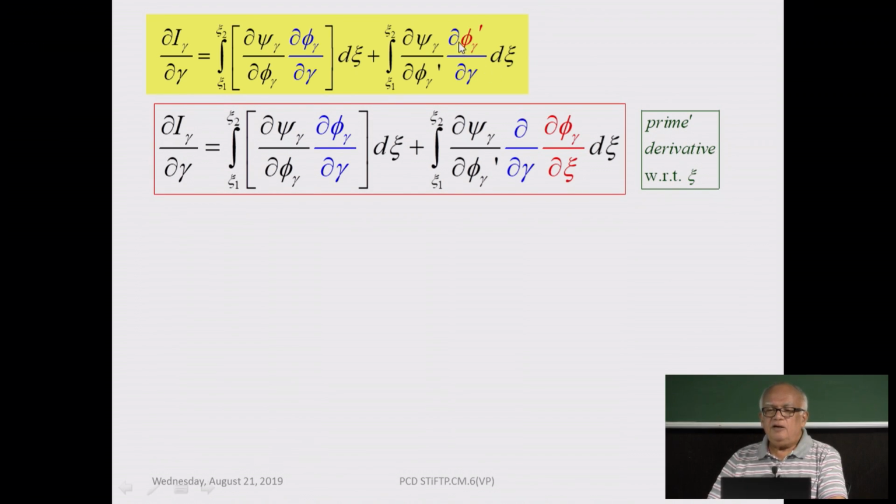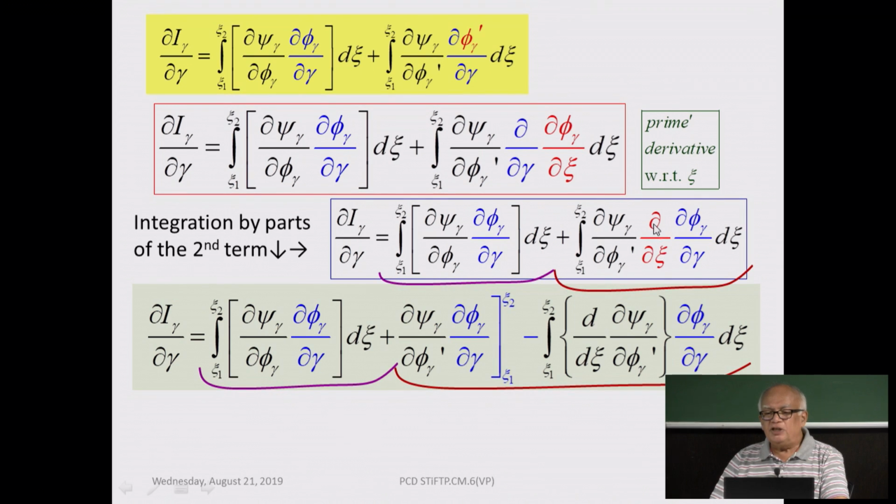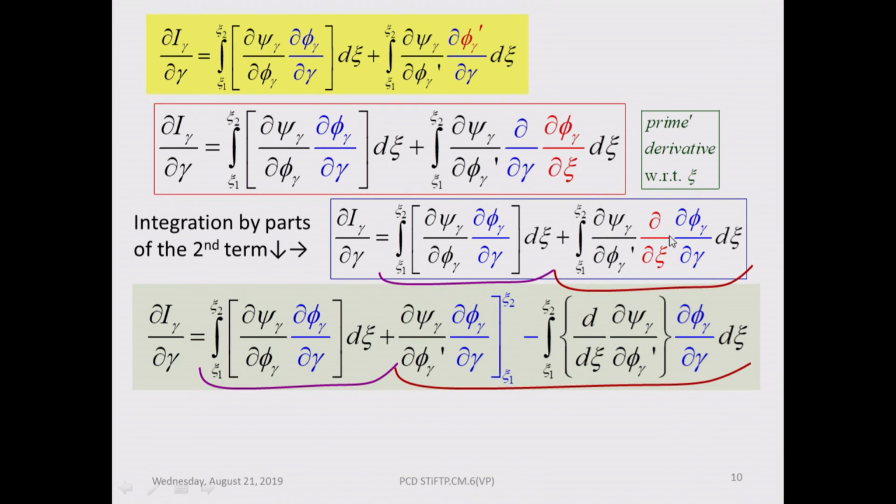So, here this is del by del gamma of phi prime, and phi prime itself is the derivative of phi with respect to xi. Now, there are two derivative operators here, one is del by del xi and the other is del by del gamma, and they are completely independent of each other. So, you can swap their positions. Okay. So, you swap their positions. So, you have del by del xi of del phi gamma by del gamma, and now you can go ahead and integrate this.